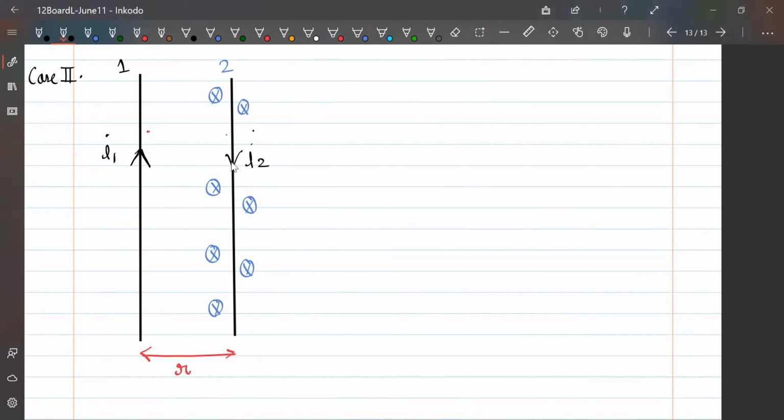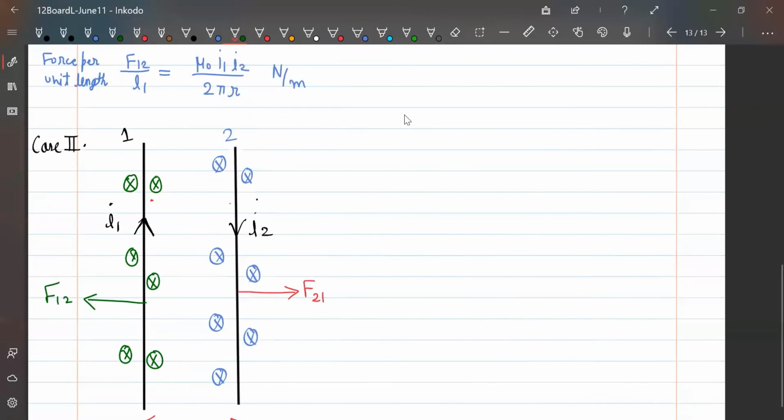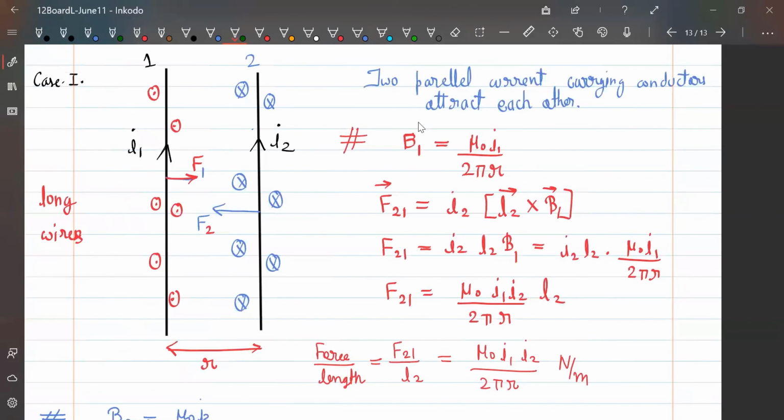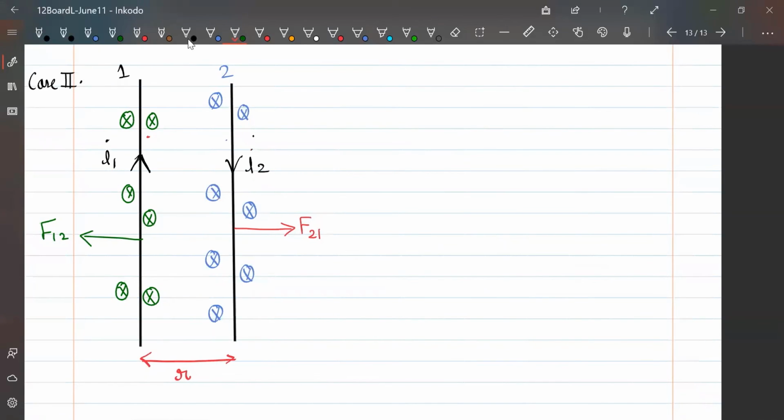The magnetic force on this wire, force on 2 due to 1, will be away from 1. L is downward, magnetic field is inside, so the force is repelling. Similarly, if we calculate the force on wire 1 due to 2, the magnetic field will be downward, and the force will be away from each other. So we can write that two anti-parallel current carrying conductors will repel each other.